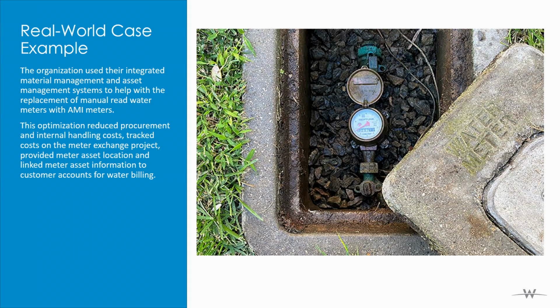So, real world example, our client used all of this optimization to get their meters, they bring it into their storeroom, it went into a GIS table, and allowed them to go out and replace their manual read water meters with AMI meters. So I've got the meter, I can go out and replace the old one.